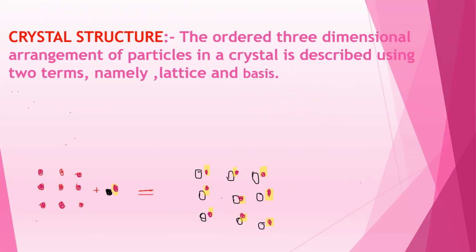After this you have to study crystal structure. In crystal structure, you have to study that the ordered three-dimensional arrangement of particles in a crystal is described using two terms, lattice point and basis.